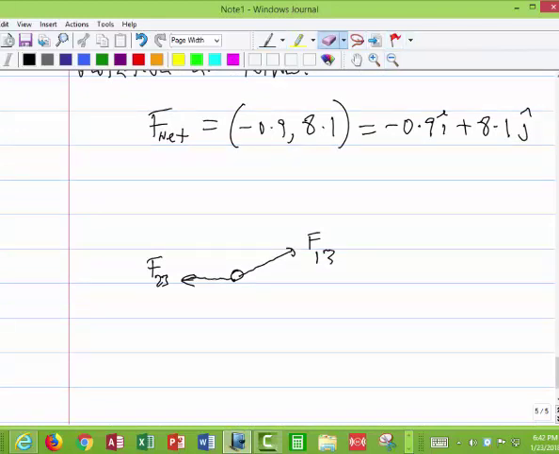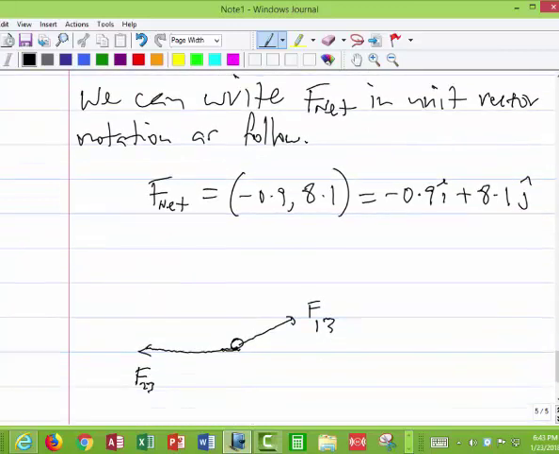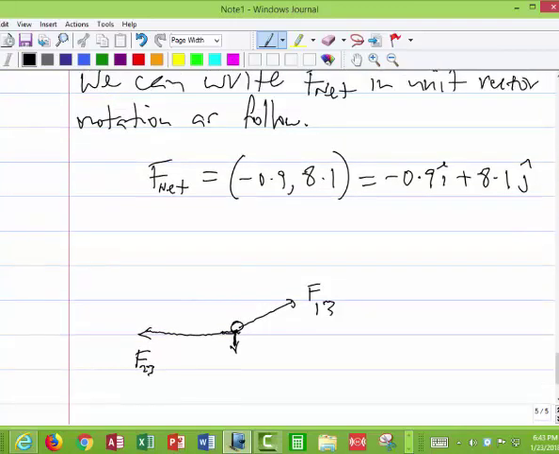Let me redraw this for you. So net force, F23 was 9. Let me see if I can draw it to scale. So let's say this is 9, F23, and then the net F13, you said was what? The x component is negative 0.9, so something like that. Is that in the right direction?